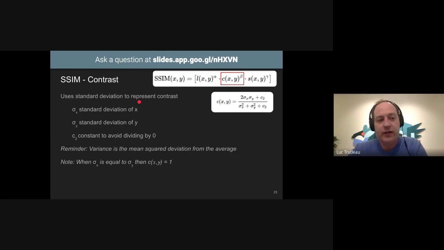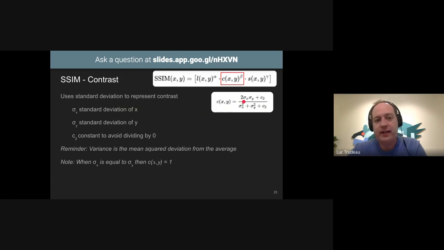Let's have a look at contrast. So contrast, the C are still there. We remember those, so just ignore those. And now we see that instead of using average, for contrast we'll use standard deviation. If you don't remember what standard deviation is, just think of it as you take the average, and then you look at the difference with the average. So you do that over your block.